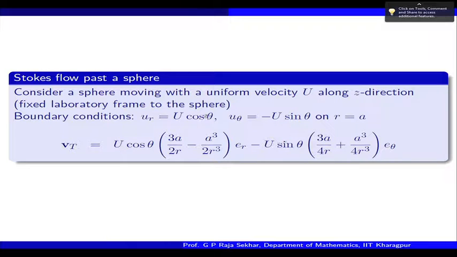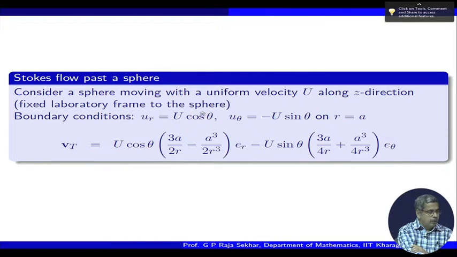Here these are not seen because we have fixed the frame with the sphere. Therefore, the boundary conditions are this, whereas in the earlier case we had taken a far field ambient velocity and a no slip condition with zero velocities on the boundary. So, I hope you understand the difference.